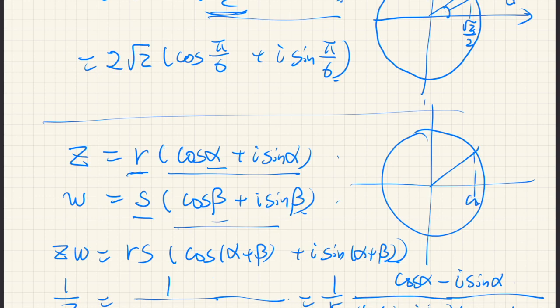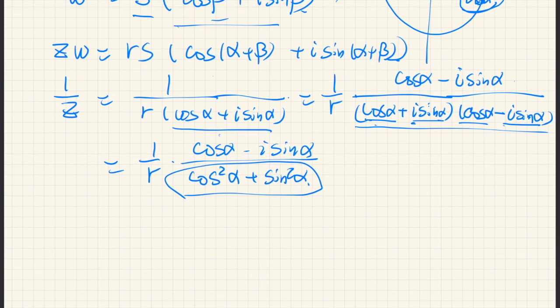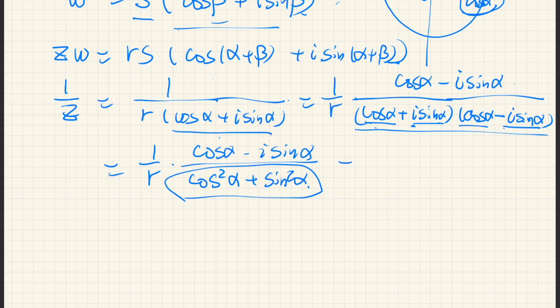So the real part is cosine alpha, and the imaginary part is sine alpha. The distance between this point and the origin is cosine alpha squared plus sine alpha squared. But this distance is the radius, which is 1 because it's a unit circle. So the result is cosine alpha minus I sine alpha.